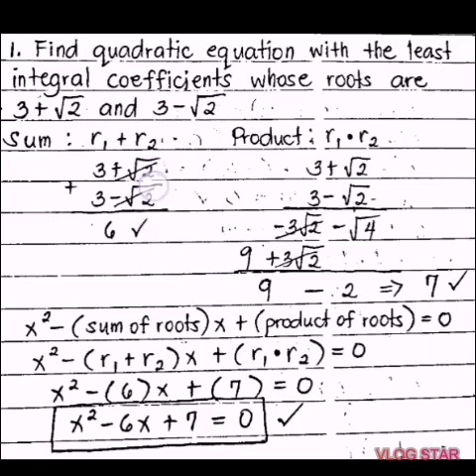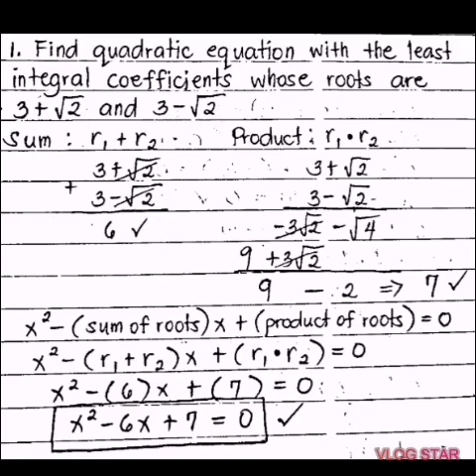Since they are both 2, we can add, but we cancel out because we have an invisible 1 here and another invisible 1 on this side. So 1 minus 1 is 0. Now, the whole numbers, you add them. So 3 plus 3 is 6. That's why the sum of the roots here is 6.